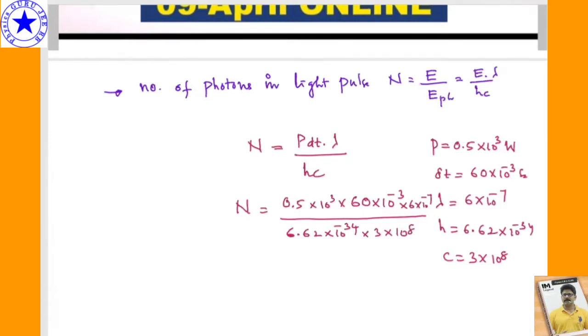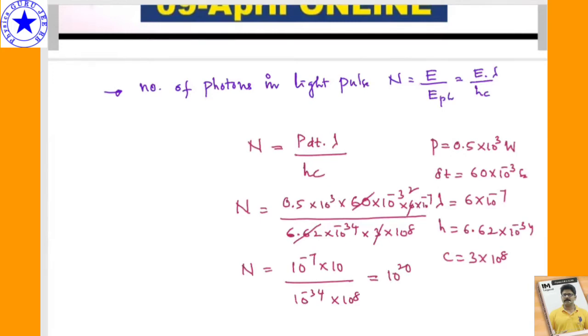Hope it is clear. After calculating, you get about 3 times 10 to the power of something, which we can approximate. So we are nearly getting 10 to the power of minus 7 into 10, divided by 10 to the power of minus 34 into 10 to the power of 8, which is nothing but 10 to the power of 20.